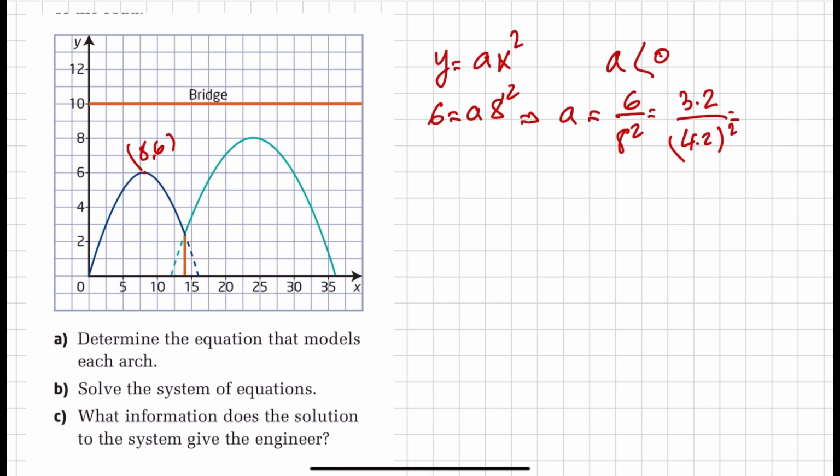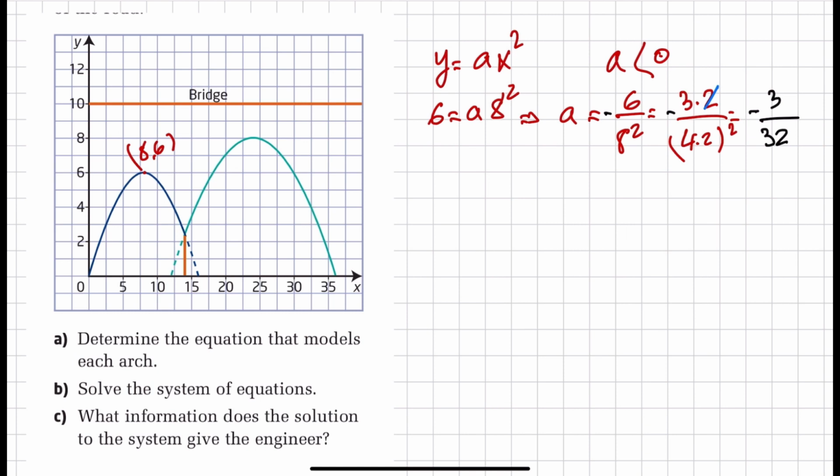I remove the 2 from here and get just 1, so my a will be 3 over 32. So 16 times 2 is 32. Because I know my a is negative, it should be negative. Now I found my a.